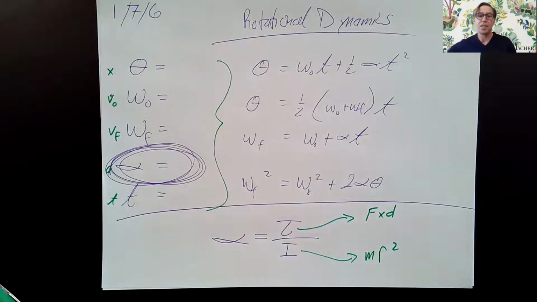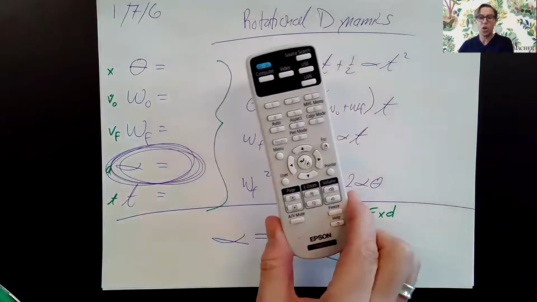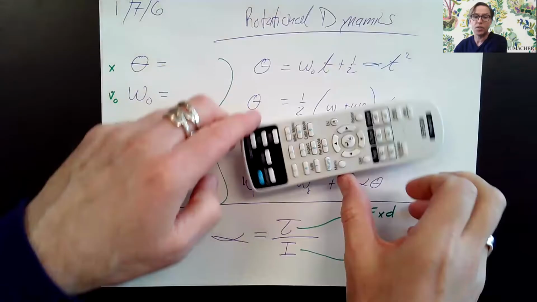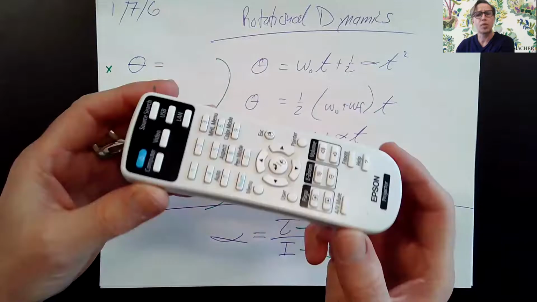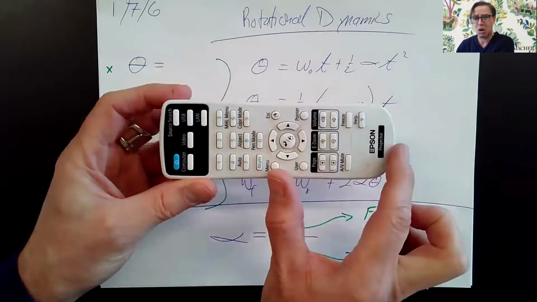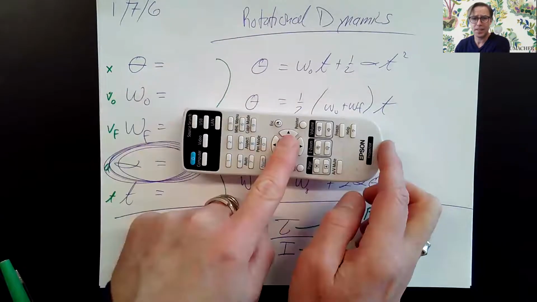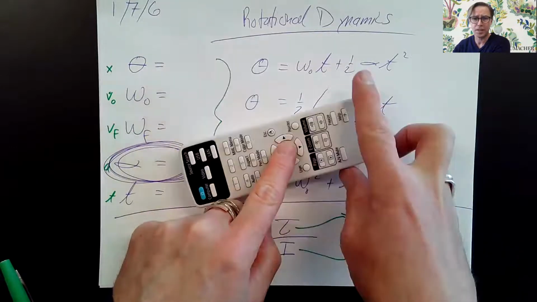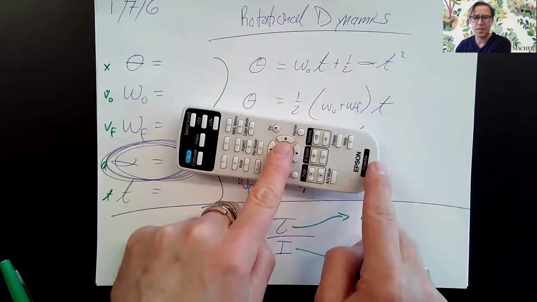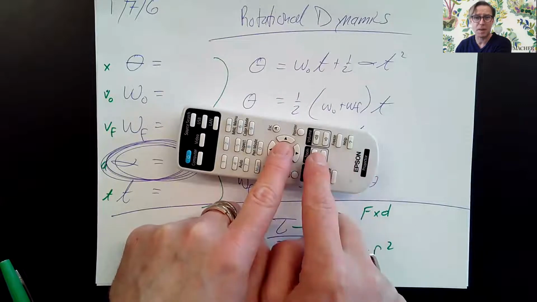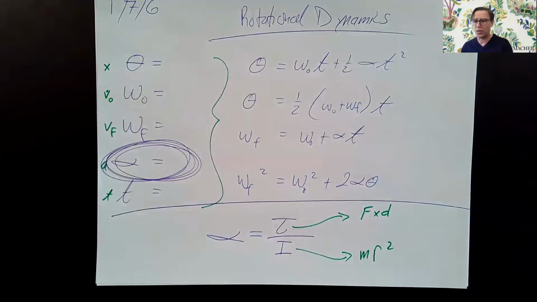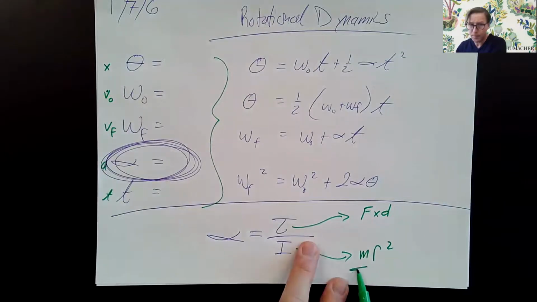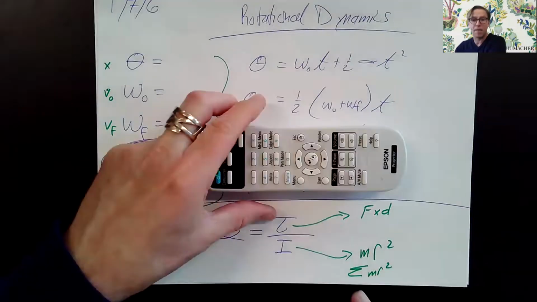Now sometimes you've got something like this remote control that could spin around in a circle, but I'm not going to take this whole mass and multiply by r squared. If this is the center of rotation, some of the matter is out here and some of the matter is closer. So we could do a long detailed sum of all the m r squareds for each little molecule of matter.